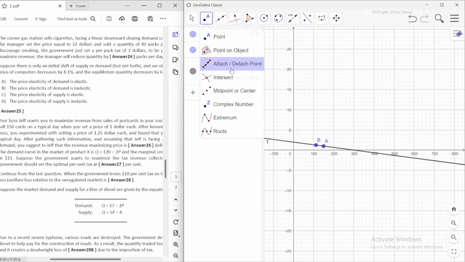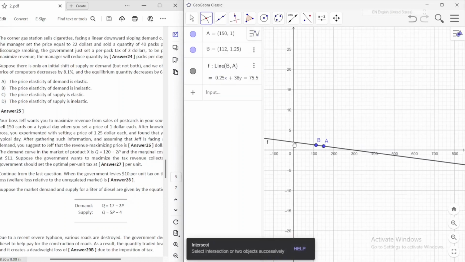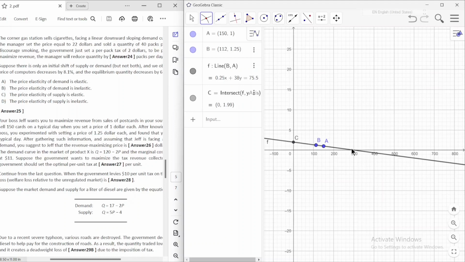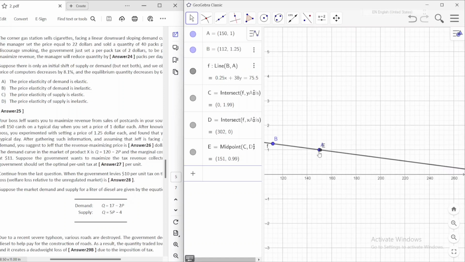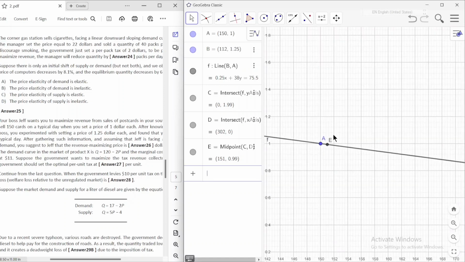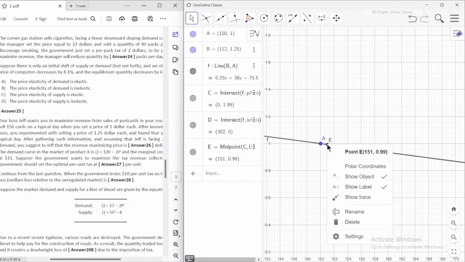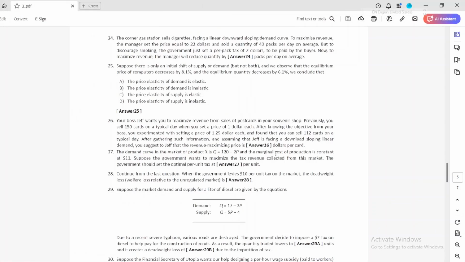Now you find out the midpoint of this curve. So the midpoint of C comma D is here. When you zoom in and right click on this, you can see the price is 0.99. So this is the answer. The price is 0.99.